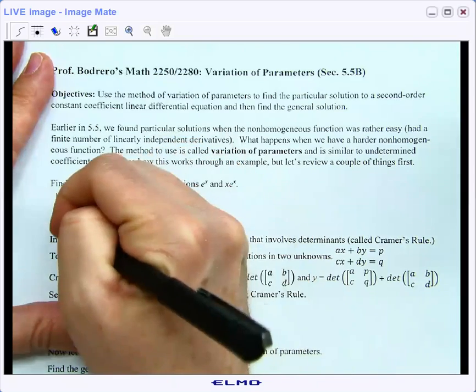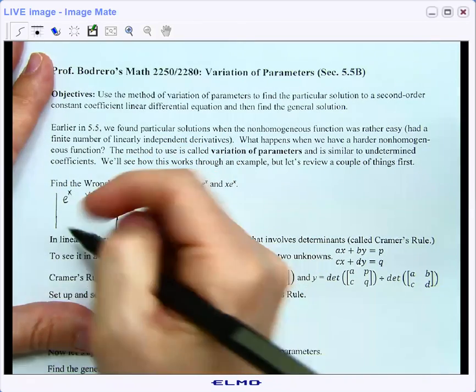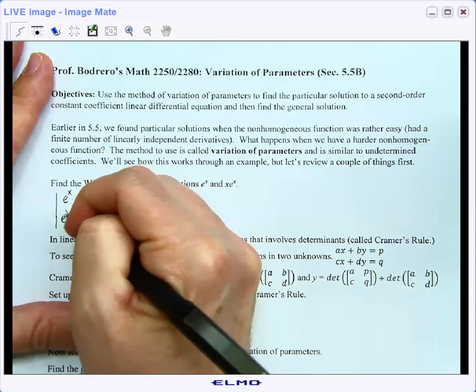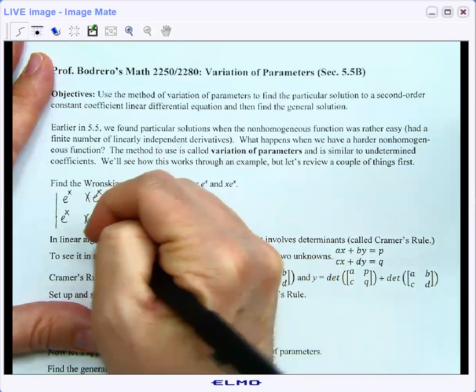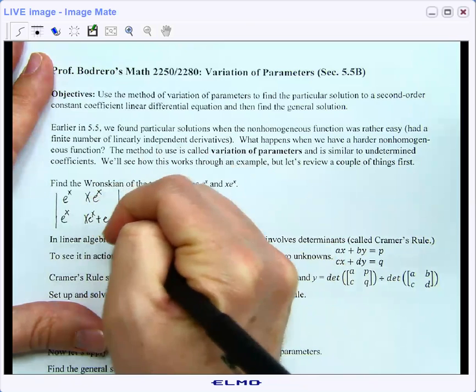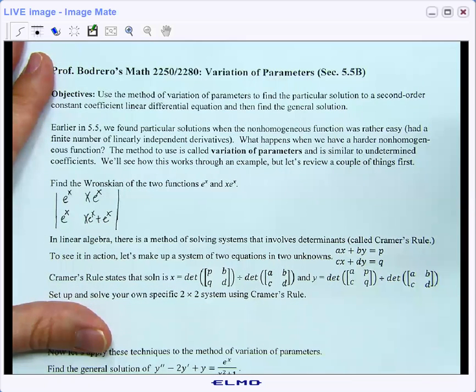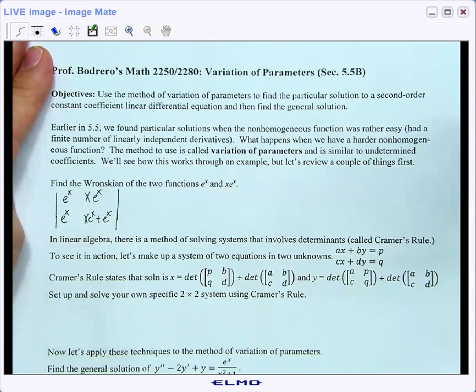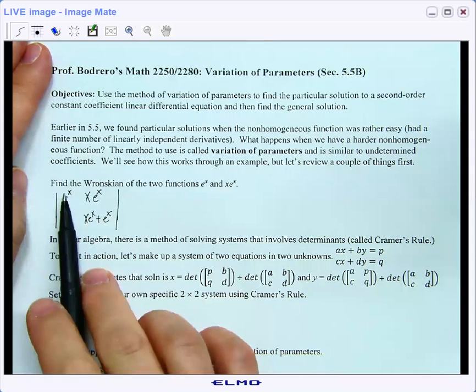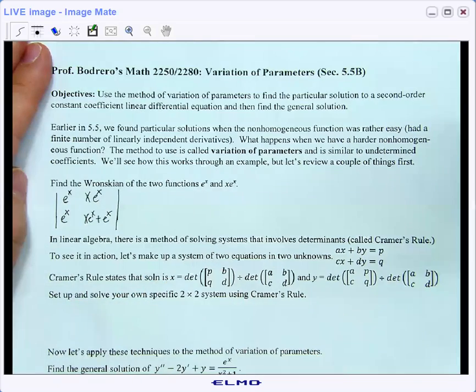But since this is a determinant, we need a square matrix. So we will take the derivatives of those functions, and then check to see if that determinant is not identically equal to 0. If the determinant is not identically equal to 0, then as a quick reminder, those functions are linearly independent.